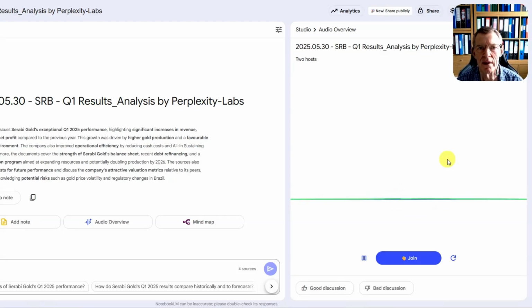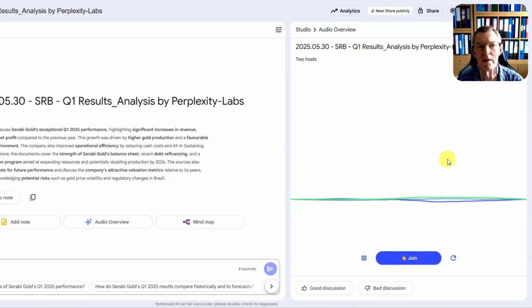Absolutely. So while we don't have access to a specific ShareScope upload, we can definitely outline the types of data that would be incredibly valuable to upload for this Serabi Gold case study. For instance, you could upload historical share price data for SRB.L. That would allow you to compare the company's performance against its market valuation over time. You might also upload historical financial data from ShareScope. Things like past revenue, profit margins, and cash flow figures.